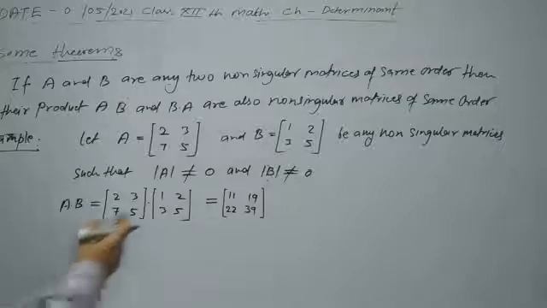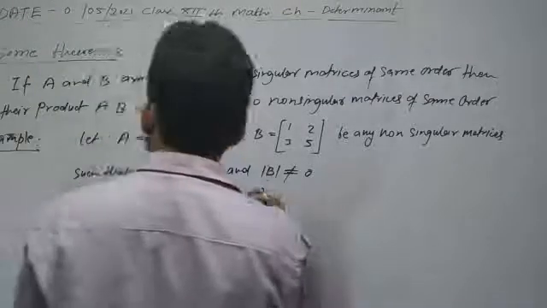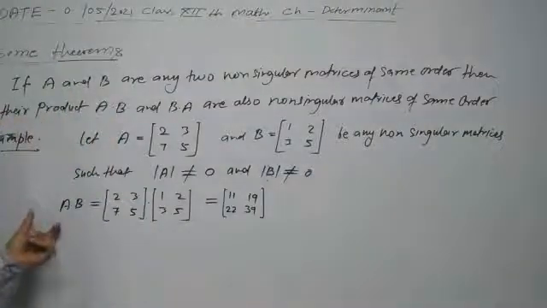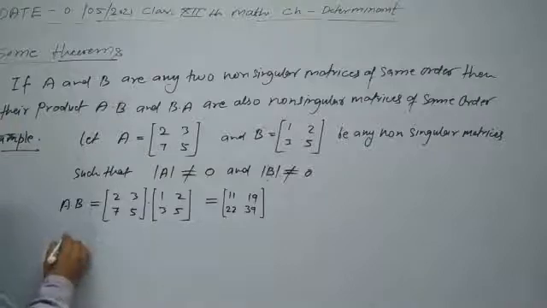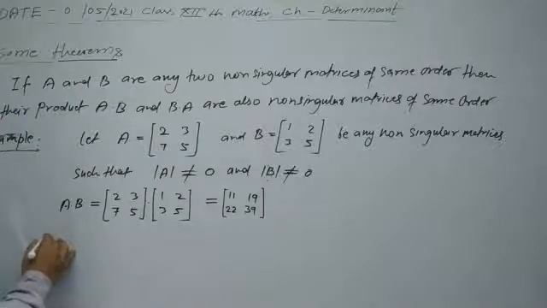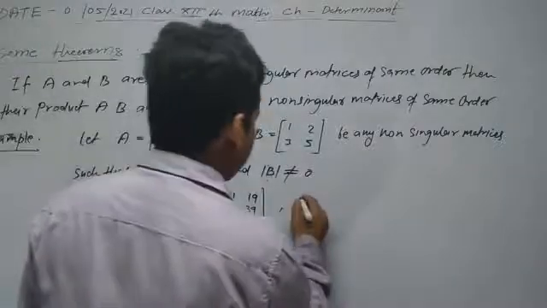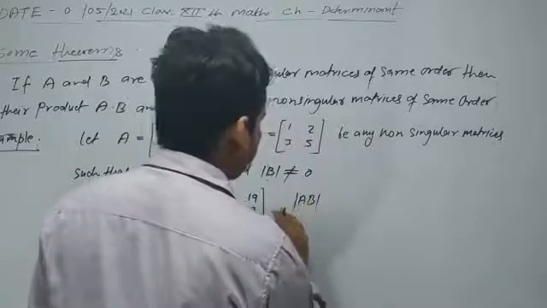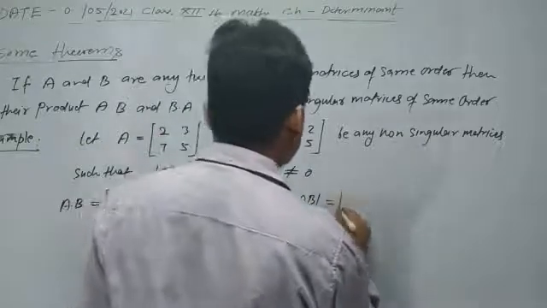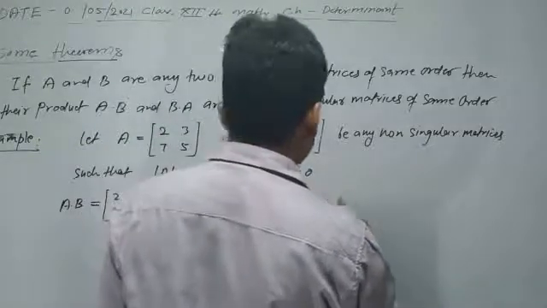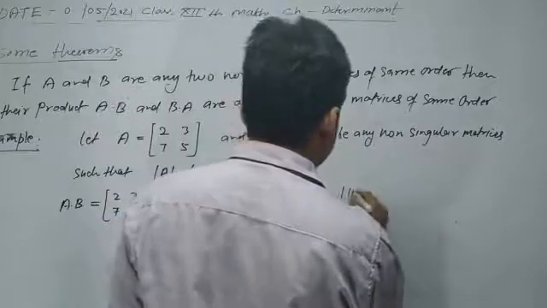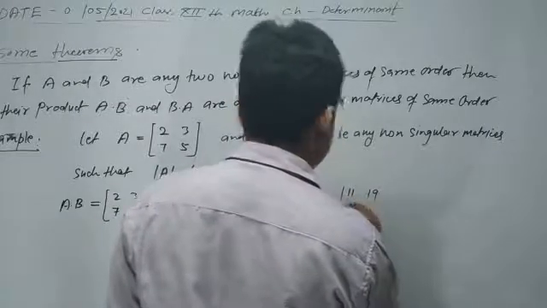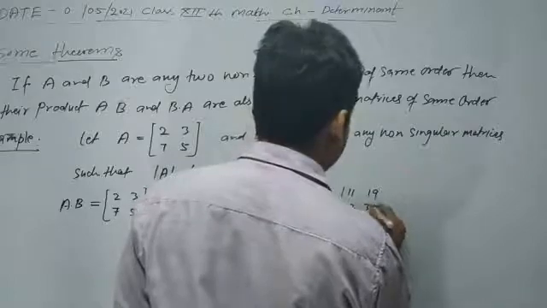So determinant of AB is equal to the determinant of 11, 19, 22 and 39.